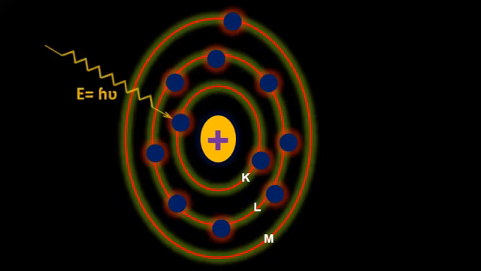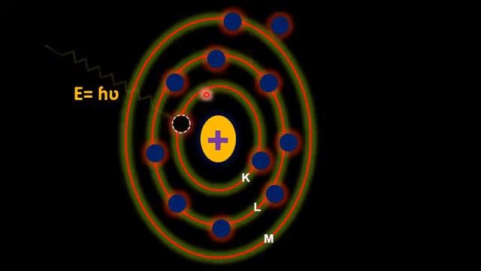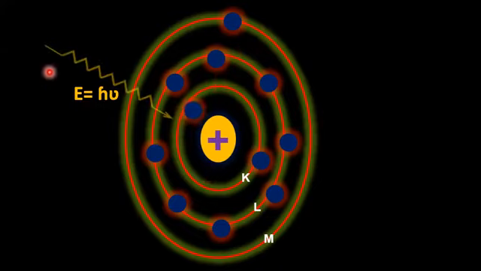Consider an atom. When a high energetic beam of electrons is incident on an electron present in the core K shell of an atom, if the energy of the incident beam is higher than the binding energy of the core shell electron, then this core shell electron will be emitted from the atom.